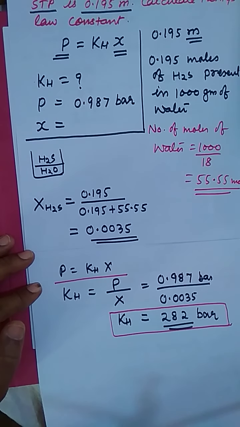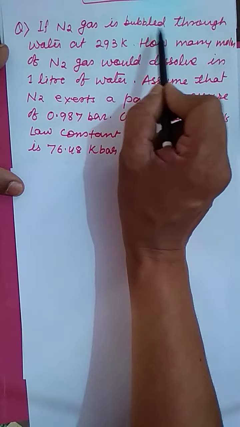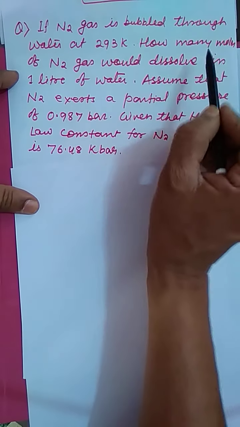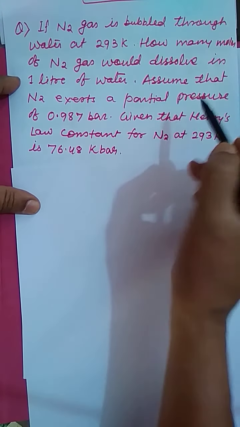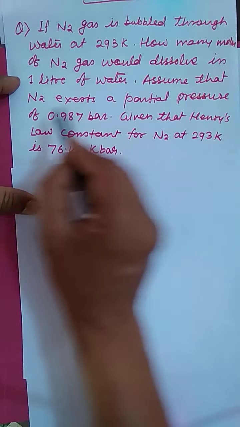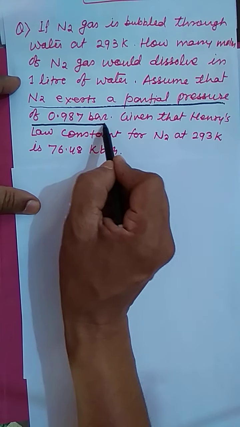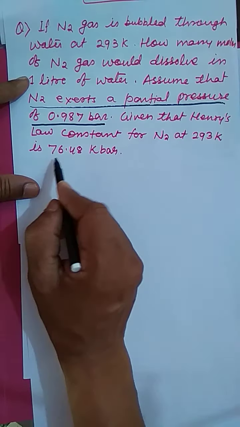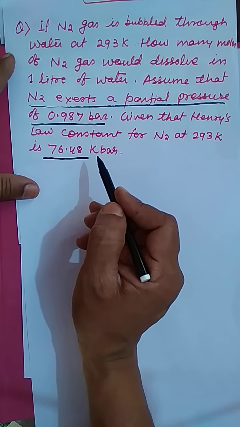now we see another problem. I have taken another question. If N2 gas is bubbled through water at 293 Kelvin, how many moles of N2 gas would dissolve in 1 liter of water? Assume that N2 exerts a partial pressure of 0.987 bar, given that Henry's law constant is 76.48 kilobar, right?